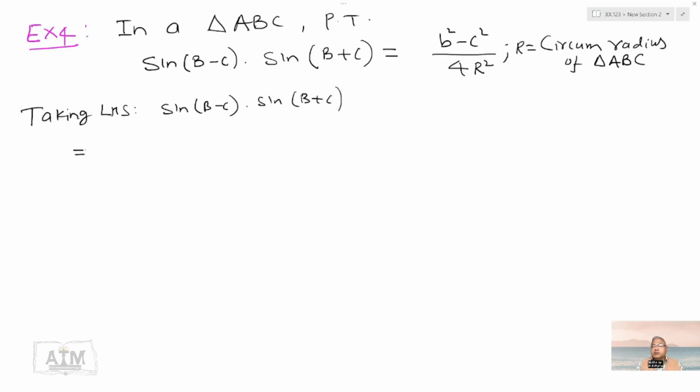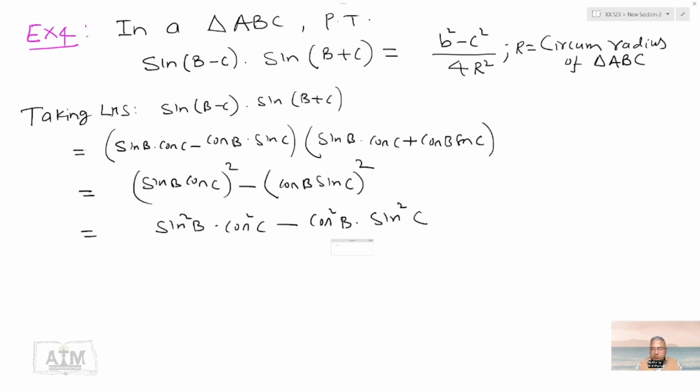Taking LHS, sine of B minus C can be expanded as sin B cos C minus cos B into sin C. Here sin B cos C plus cos B, which on simplification we get sin square B into cos square C minus cos square B into sin square C.